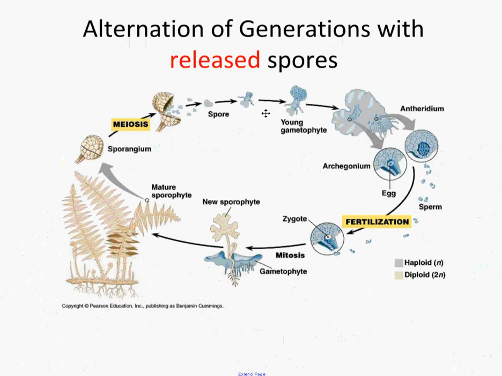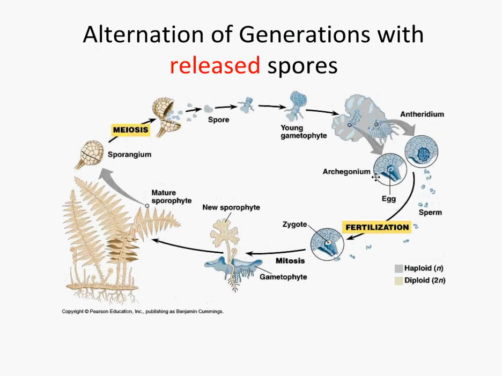A very quick and dirty definition of this is plants alternating between the haploid and the diploid state. Now that doesn't mean that a tree becomes haploid for part of its life and becomes diploid for part of its life, but the tree itself is producing a haploid structure that then will combine with the other, very similar to gametes, but with plants it's a little bit different because those structures are a little bit more involved.